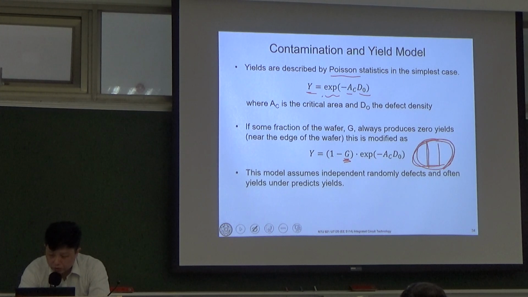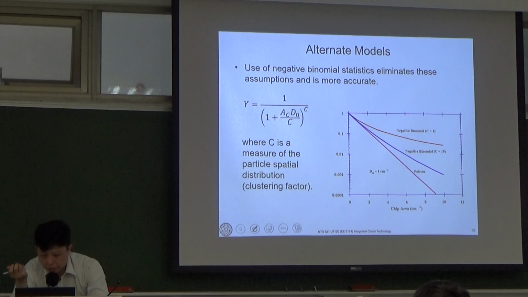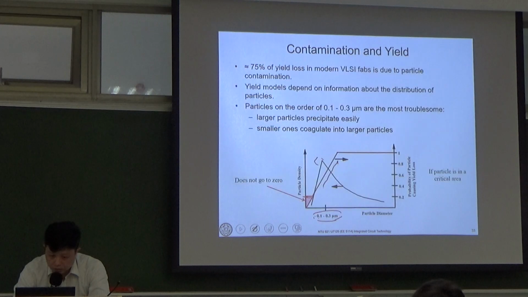This model assumes that the particles are independently and randomly distributed, because that will follow the Poisson statistics. You can also use other statistics, like the negative binomial, to eliminate this assumption, and it's more accurate. With small particles, they will get together to form larger ones, and larger particles will precipitate more easily.